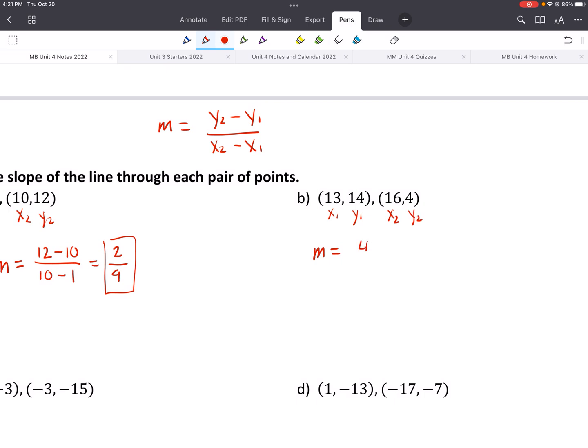So we've got 4 minus 14, so that's the difference of the y's, so y2 minus y1, over x2, which is 16, minus x1, which is 13. Okay, so we simplify, that would give us negative 10 over 3. And again, that can't be simplified, so we're done.